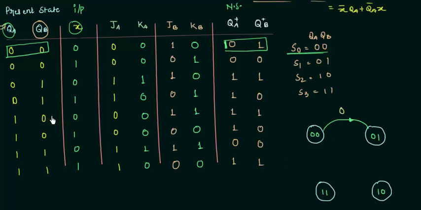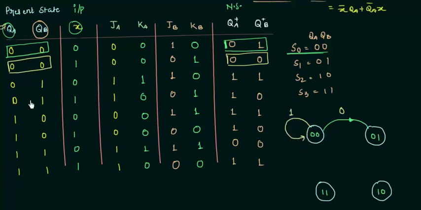Now for the case when we are on 0 0, S0, and the input is 1. In the previous case the input was 0 and it drove us from S0 to S1. Now if I make the input 1, what I am getting is the same state. The next state is the same as the present state, so I am going to stay on S0 when the input is 1.